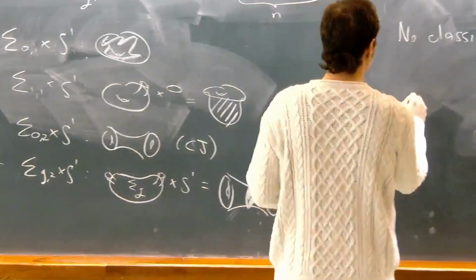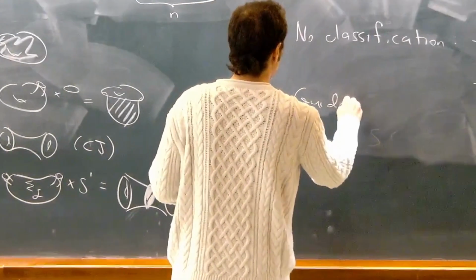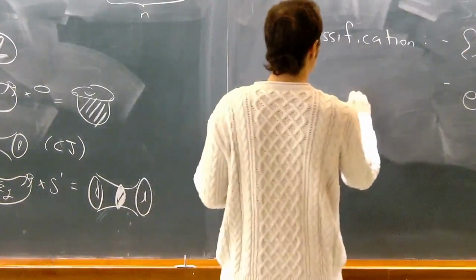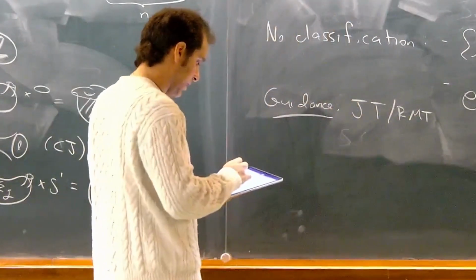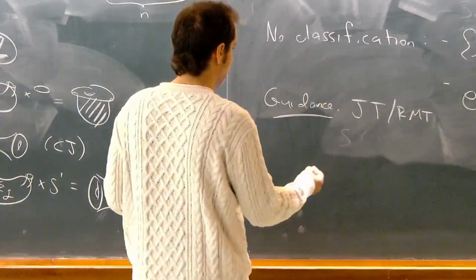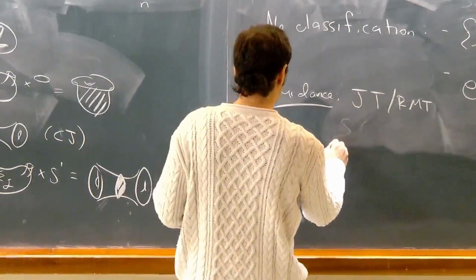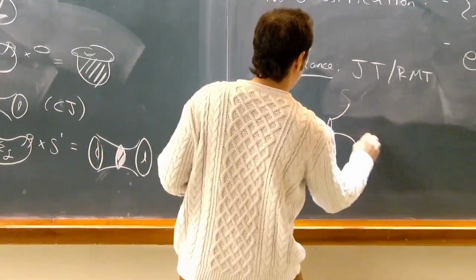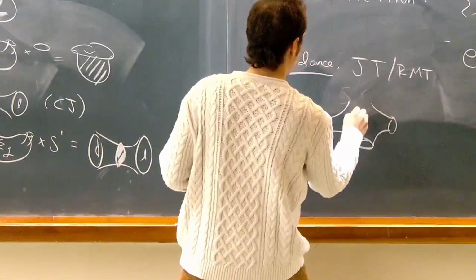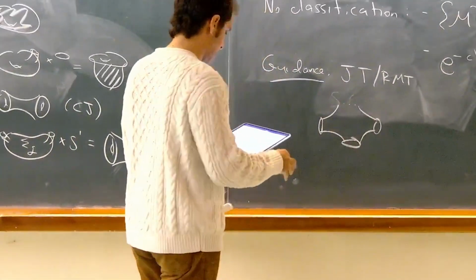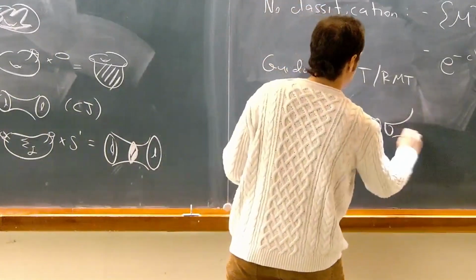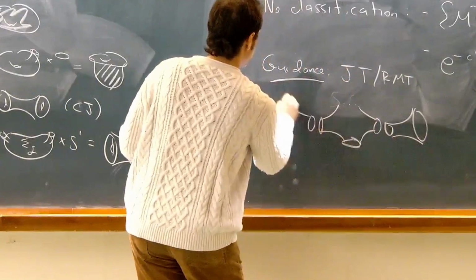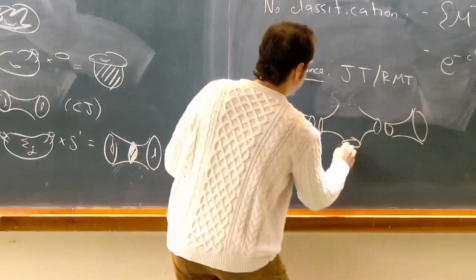So some of the guidance here, of course, is coming, needless to say, from the JT-RMT duality, where one has some sort of core manifold onto which are glued some trumpets to give you the boundary partition function.